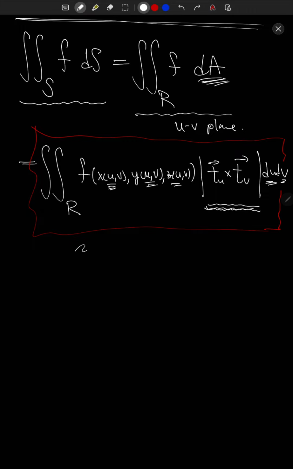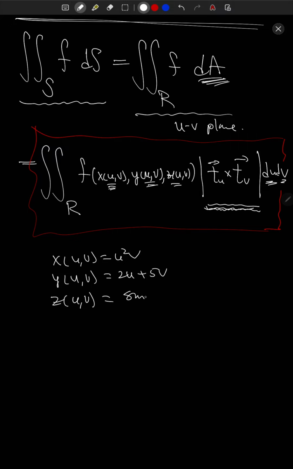So let's say our mapping was x of uv equals u squared v, y of uv was 2u plus 5v, and z of uv was sine of u times v, like that. Then let's say our function was f of x, y, z equals x plus 2yz.